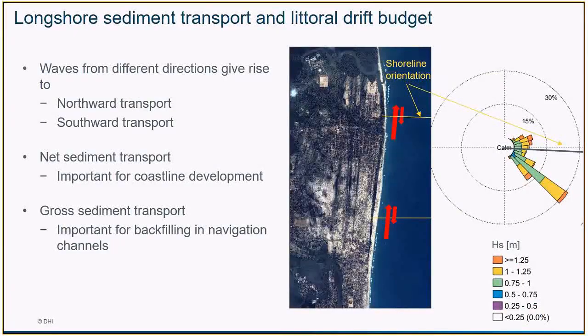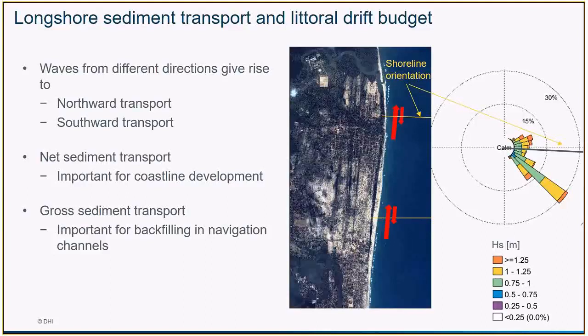So let's have a look at a concrete example of longshore sediment transport. The longshore sediment transport is heavily dependent on the direction of the waves. Here we have an example of a coast which is exposed to different types of waves, as indicated on the wave rose you can see.